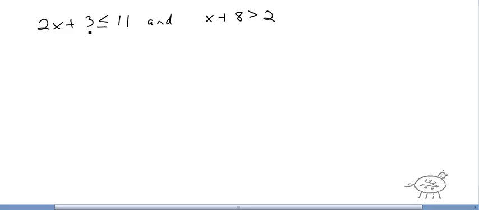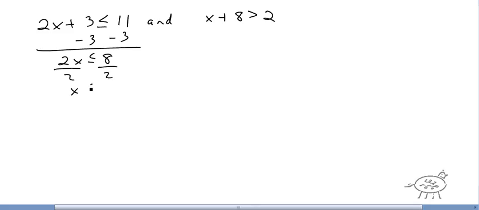Okay, so we solve it just like normal here. Subtract 3 from both sides. So you get 2x is less than or equal to 8. Divide both sides by 2. X is less than or equal to 4. And we subtract 8 from both sides. We get x is greater than negative 6. Okay, so it's an and. That's between these, is and.